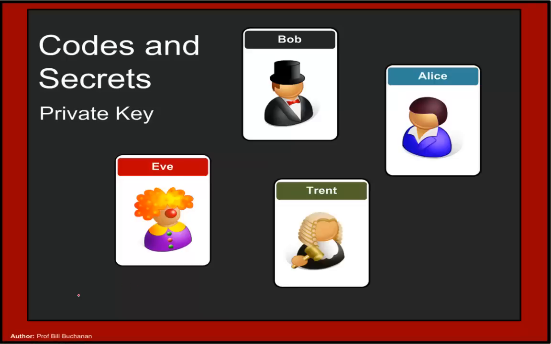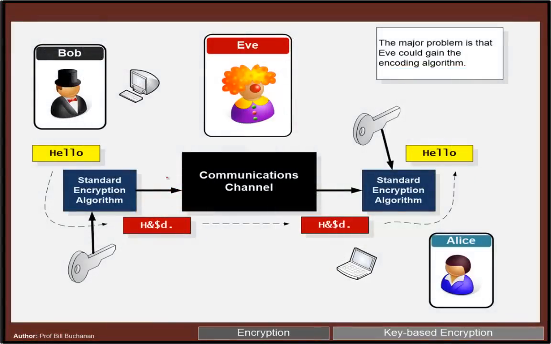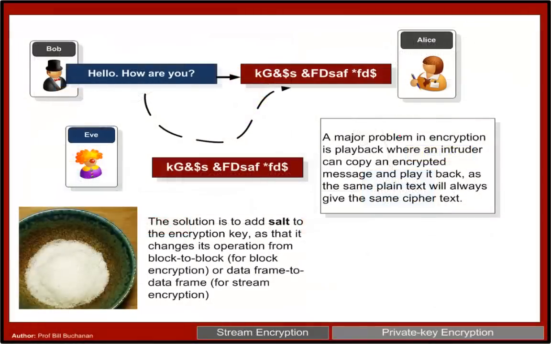So what are some of the key private key methods that we have? Private key uses the same key to encrypt as to decrypt. The problem that we have in the methods that we've actually seen is that it might be possible to play back a piece of ciphertext.